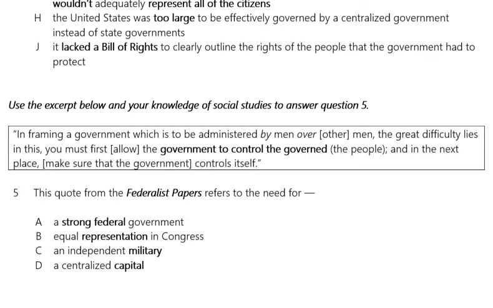This quote from the Federalist Papers refers to the need for A. Strong federal government. B. Equal representation in Congress. C. An independent military. D. A centralized capital. Pause the video to give yourself time to answer question number 5.